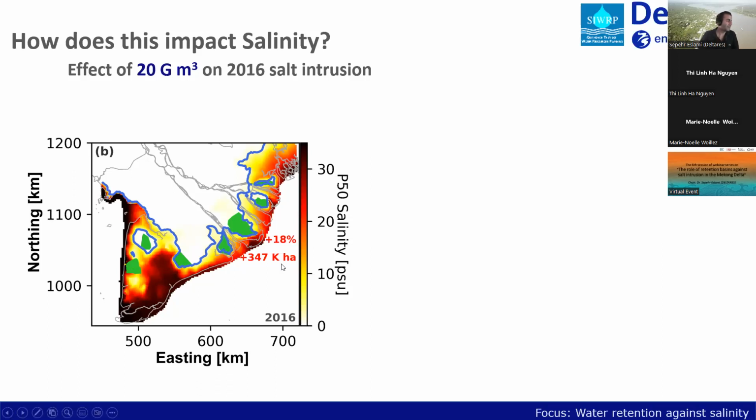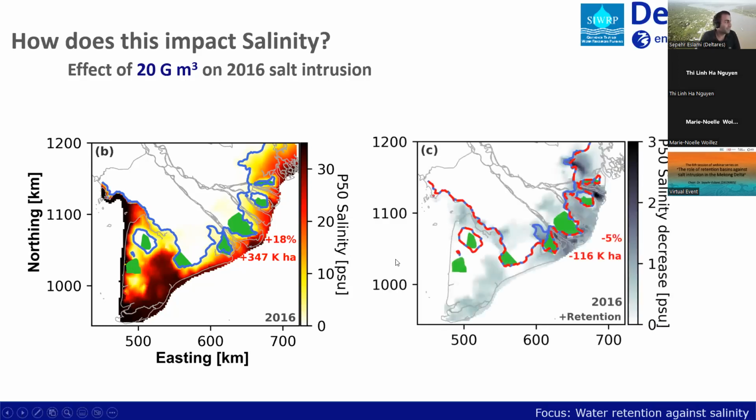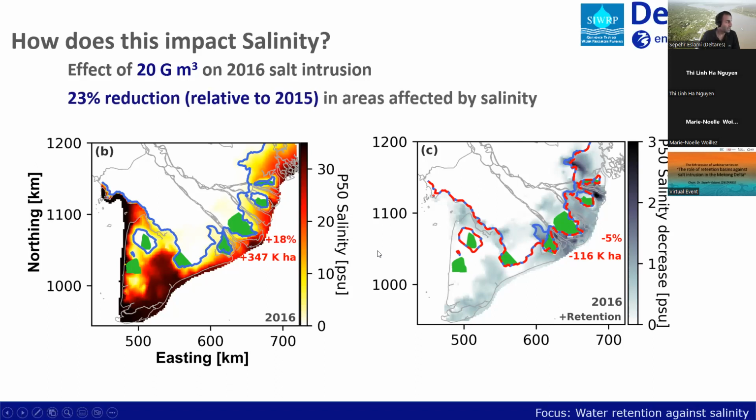In fact, if we compare 2016 to 2015, we did observe something like an 18% increase in the areas affected by salt intrusion. But if the Tonle Sap Lake was functioning as it normally does, and there was that kind of storage, we could see significantly lower salinity in the Mekong Delta. So minus 5%, so 5% less than the year 2015, given the same discharge that was coming from the Mekong River.